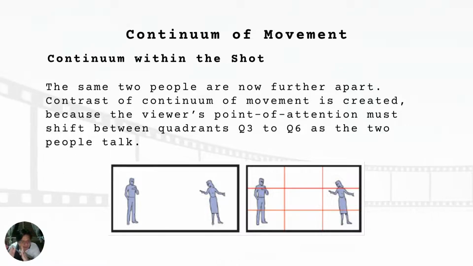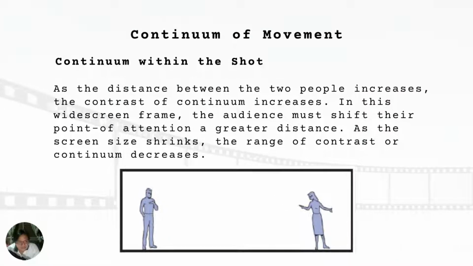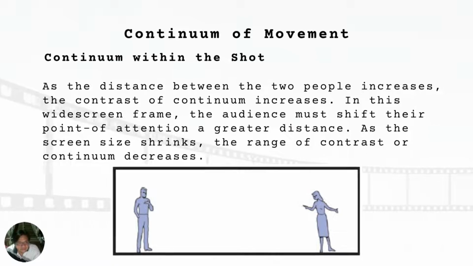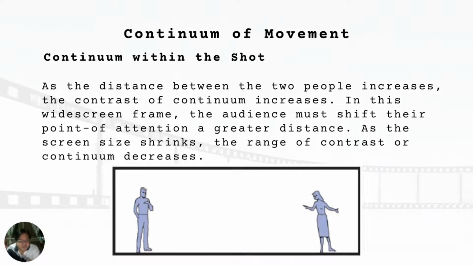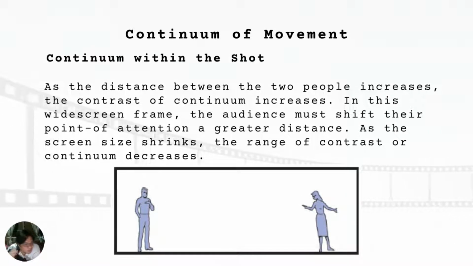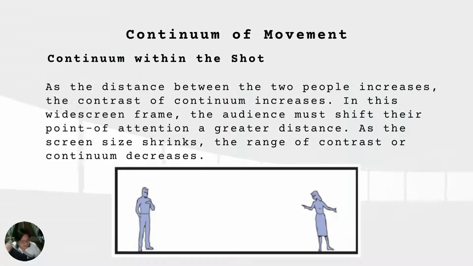Now, if you put them on the right screen or the left screen, but they are closer together in that specific quadrant, then again, it's still affinity. As the distance between the two increases, the contrast of continuum increases as well. Again, this is within a shot.